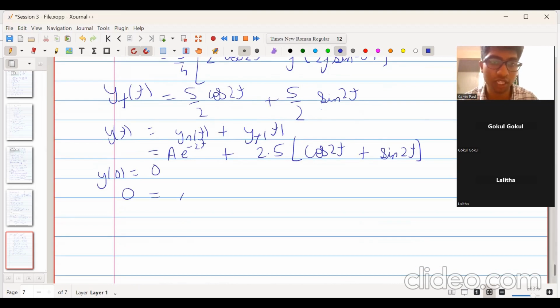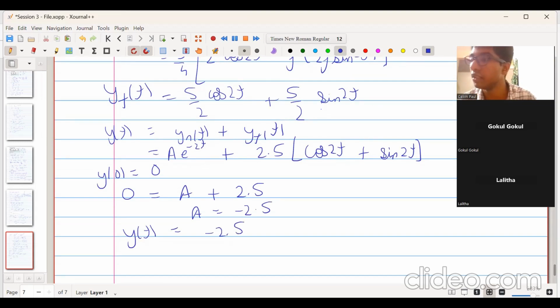So that means 0 equals A plus 2.5, because cos of 0 is 1 and sine of 0 is 0. So that's why we get A to be equal to minus 2.5. So our final equation will be y of t equal to minus 2.5 into e to the power minus 2t plus 2.5 into cos 2t plus sine 2t.